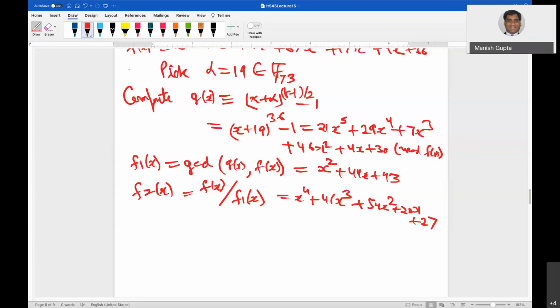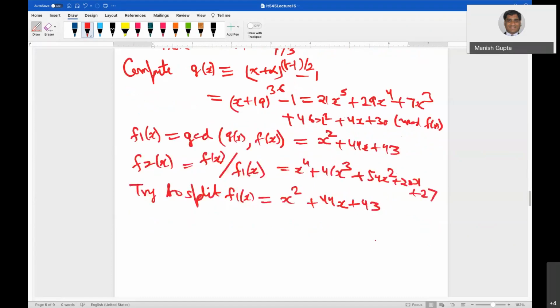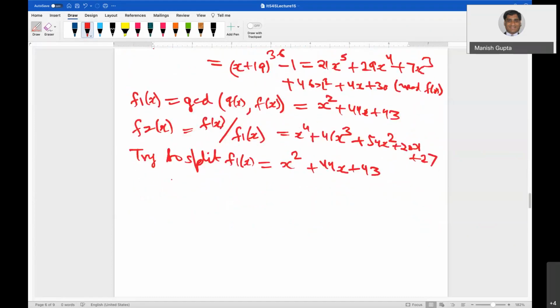So now try to split f1 of x, which is x square plus 44x plus 43. Again, what we need to do, choose some random alpha. So I take alpha equal to 47.